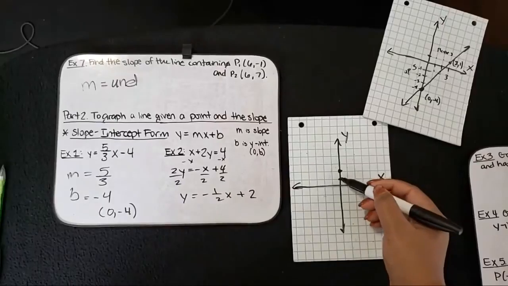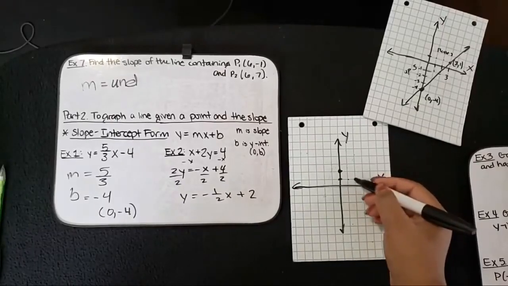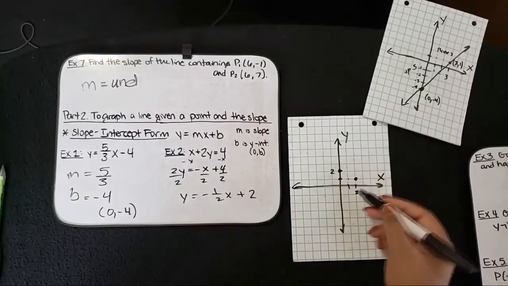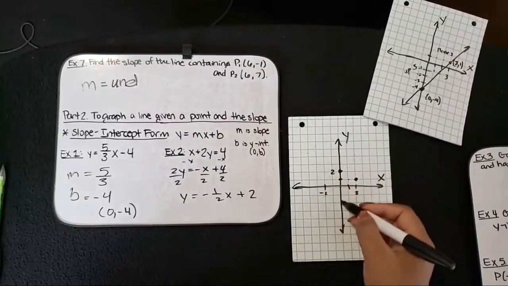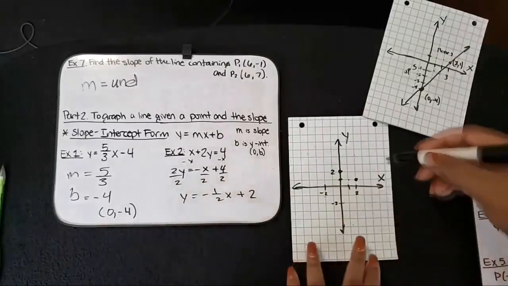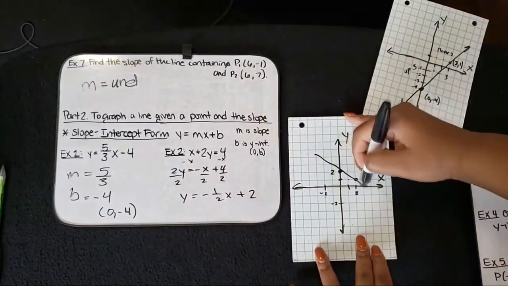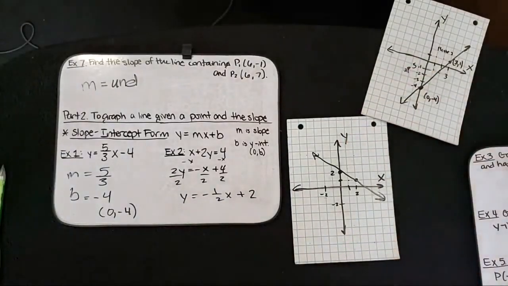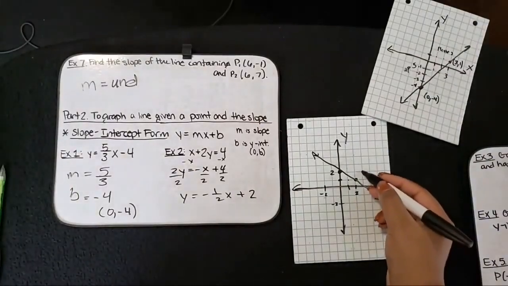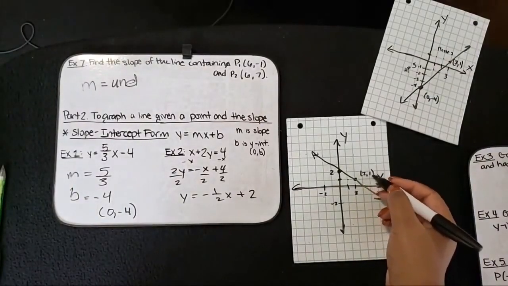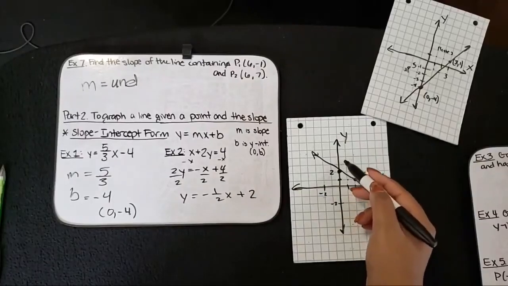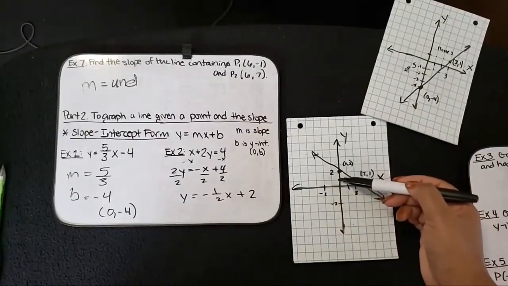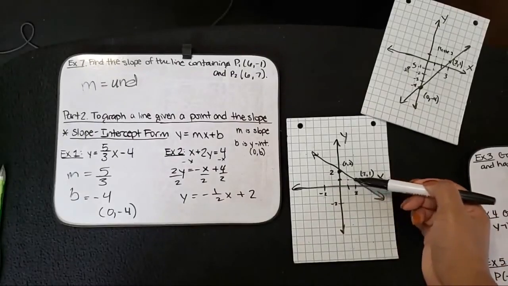So we connect them, and make sure you use a ruler. That will definitely help. So we have (2, 1), and this point is (0, 2). So we went down 1 and to the right 2.